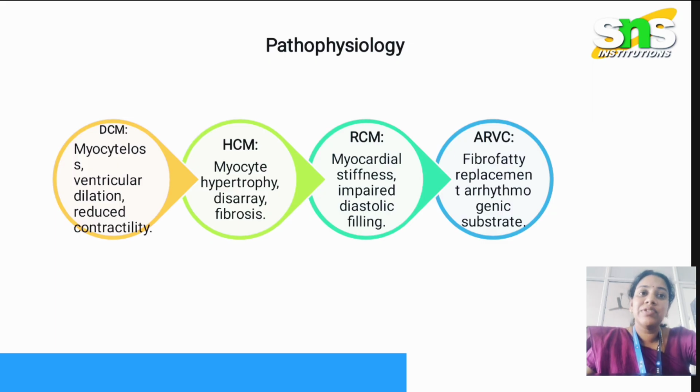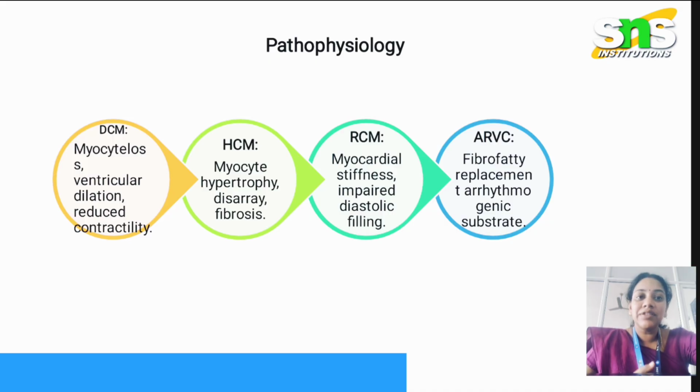So what is the pathophysiology behind it? In these types, you can see dilation of the ventricle and also stiffness of the ventricle. What this actually does is reduce the contractility of the heart. The heart cannot contract and eject the blood out. This is what happens in hypertrophy also, where the cells become fibrotic and hardened.